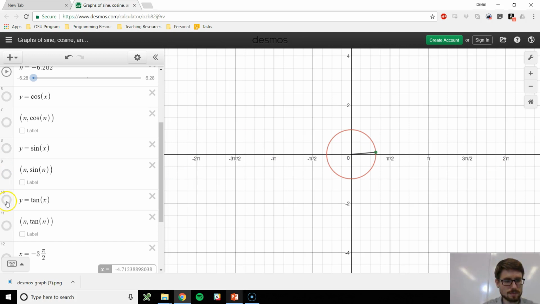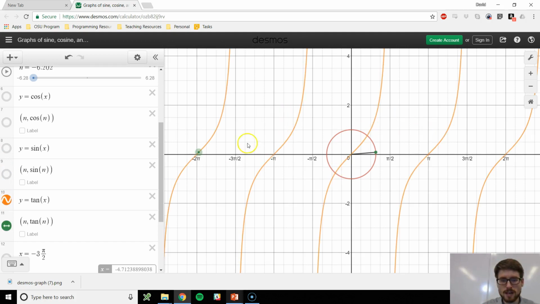Lastly, let's look at tangent. So here's the graph of tangent. And again, starting at negative 2 pi, where the slope is 0, we can see that as our slope increases, boom, we're going off to infinity, and it's undefined.